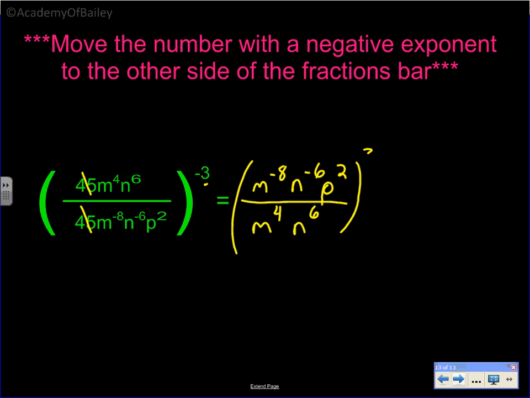The exponent is still 3. All right, take that 3 and multiply all the exponents. So this becomes negative 24. This is negative 18, and this is 6. This one here is 12, and this one becomes 18.